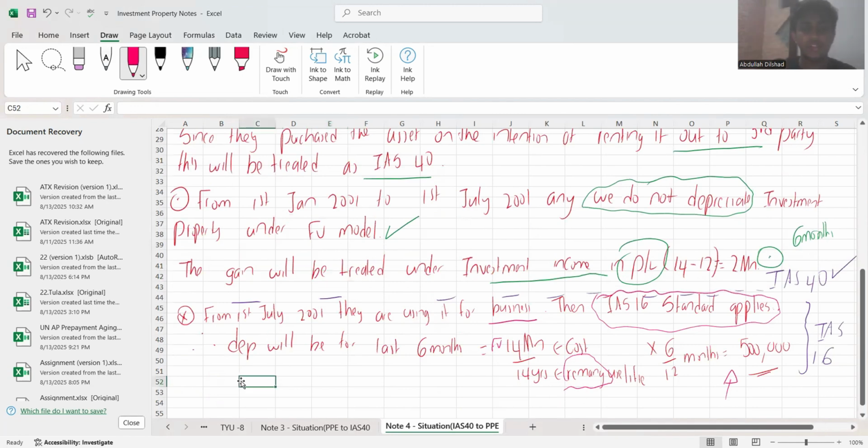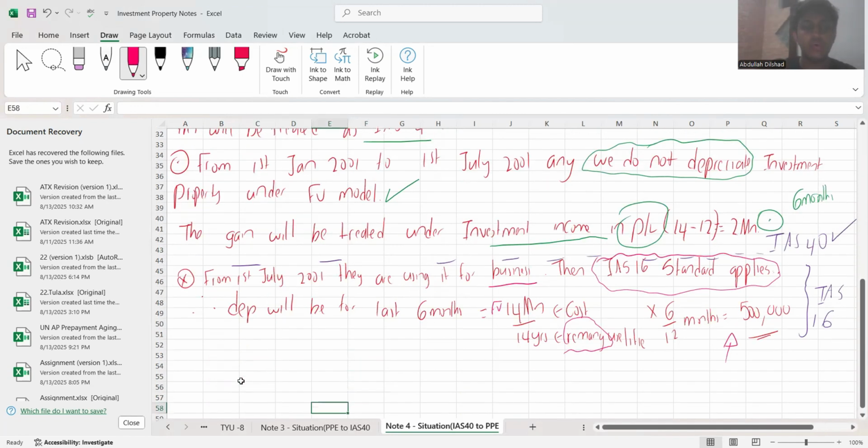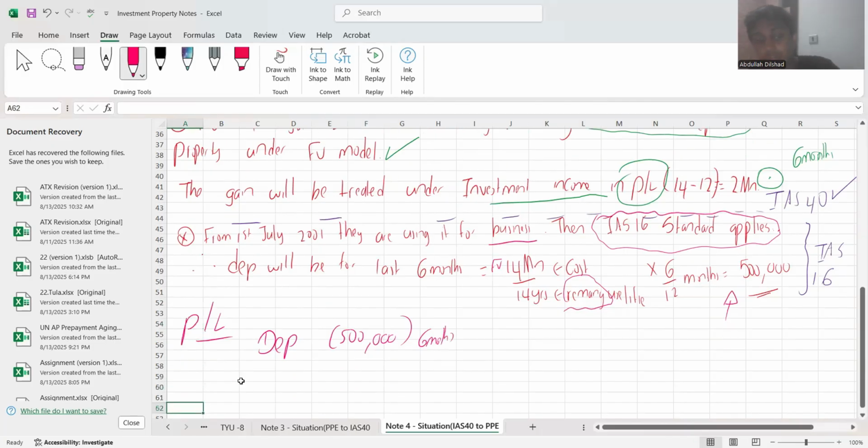Okay, so let me do this with you all. Let me show you how I will show it in my profit or loss. I'll have an expense of depreciation of how much? 500,000. This is towards the last 6 months, right? And in addition to that, do you all remember I had an investment income equivalent to 2 million.